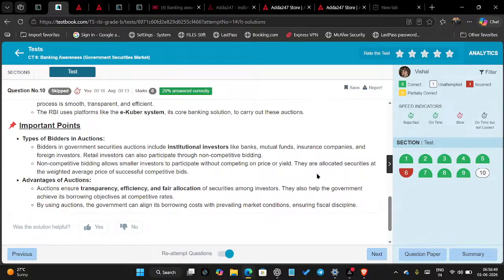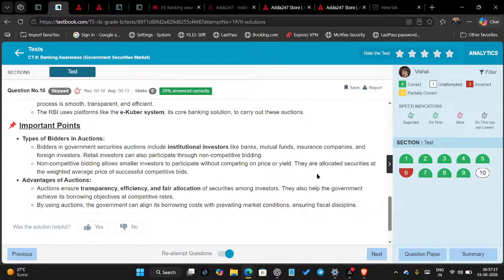Let us see how many types of bidders are in an auction. Okay. Bidders in the government security auction include institutional investors like mutual funds, insurance companies and foreign investors.